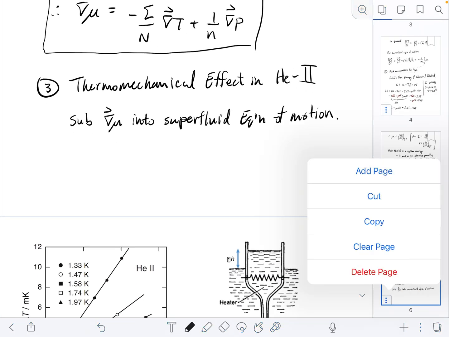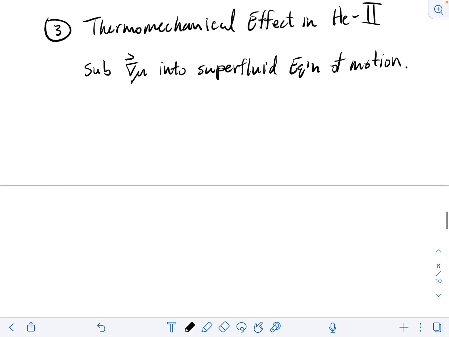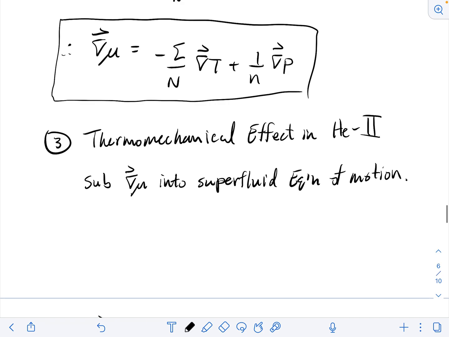So, subbing into our equation of motion, we would have our material derivative, which has this form. And so that's really the acceleration of the superfluid, which is minus 1 over m4 times the gradient of mu. And so now we sub in our gradient of mu. It's sigma over n times the gradient of T with a minus sign.